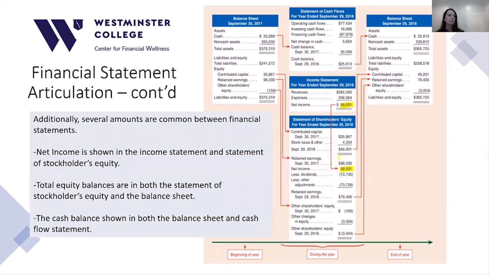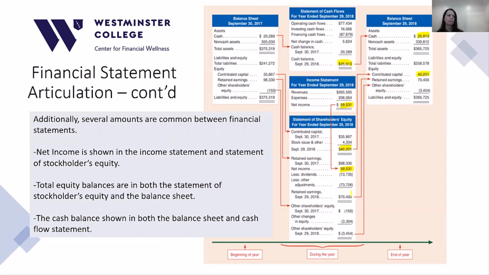Okay, similarly, my ending cash balance of $25,000 is going to be the same cash balance that you see on your balance sheet of $25,000. Likewise, the balances or the totals on my stockholders equity financial statement are also going to be seen on my balance sheet.